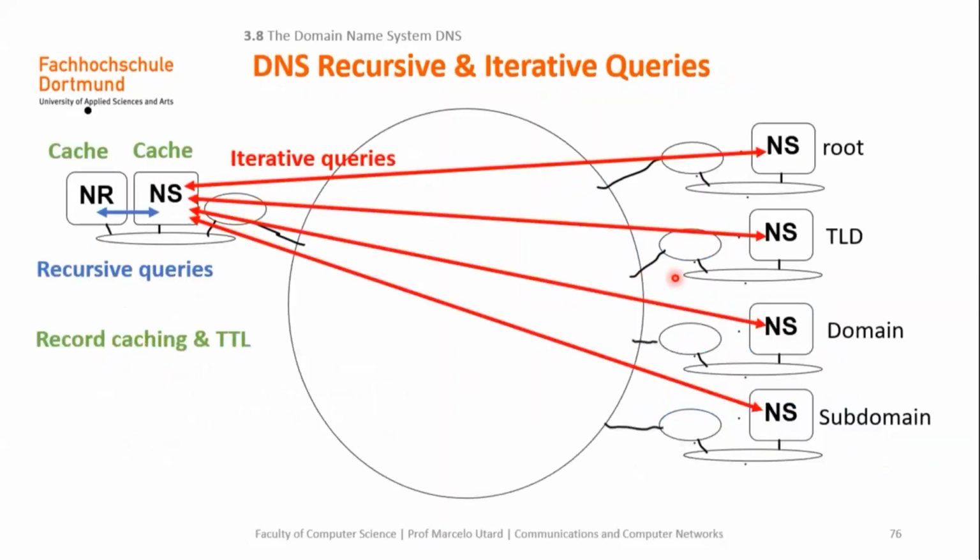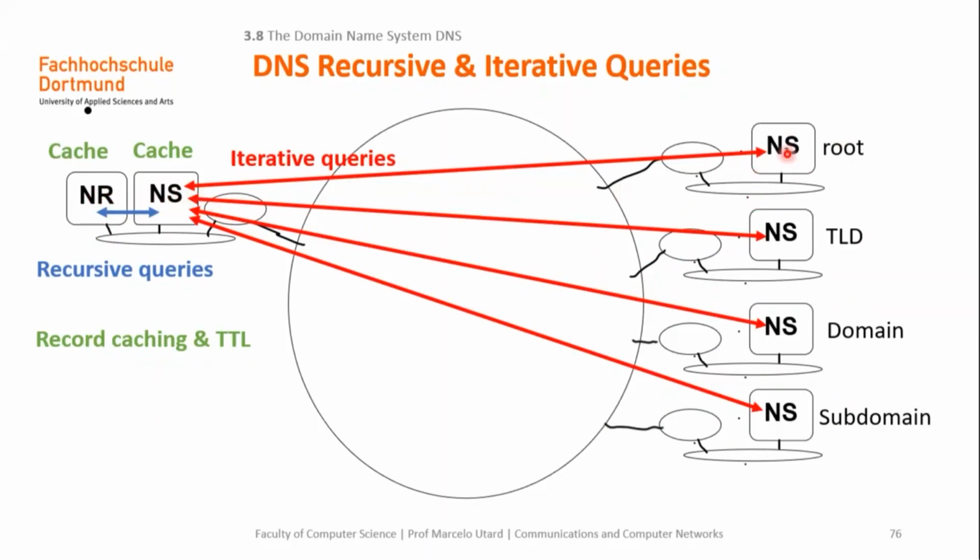Here is another illustration where we could see the name resolver, the local name server, and the authoritative servers of different levels: root level, top level domain, domain and subdomain. We will see typically that between those, the queries are typically recursive, and between those, typically the queries are iterative.